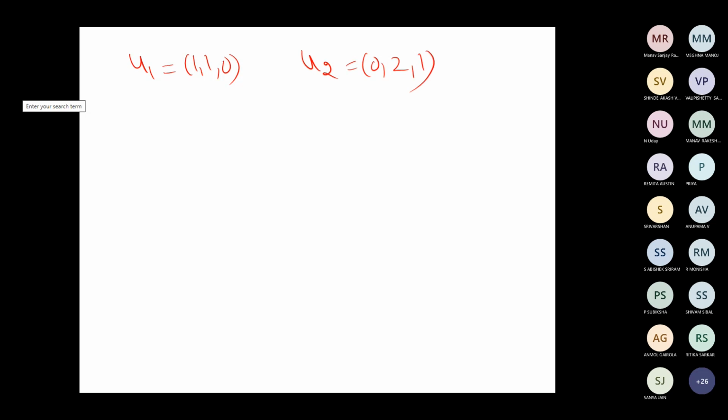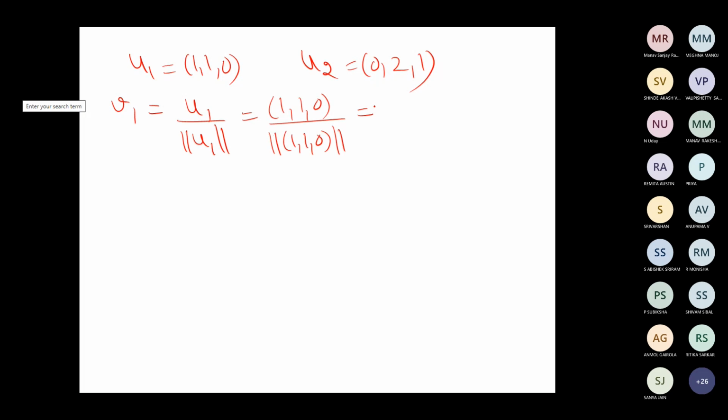So how to proceed? Only two vectors, very simple. V1 is equal to U1 divided by norm of U1. (1, 1, 0) divided by norm of (1, 1, 0).